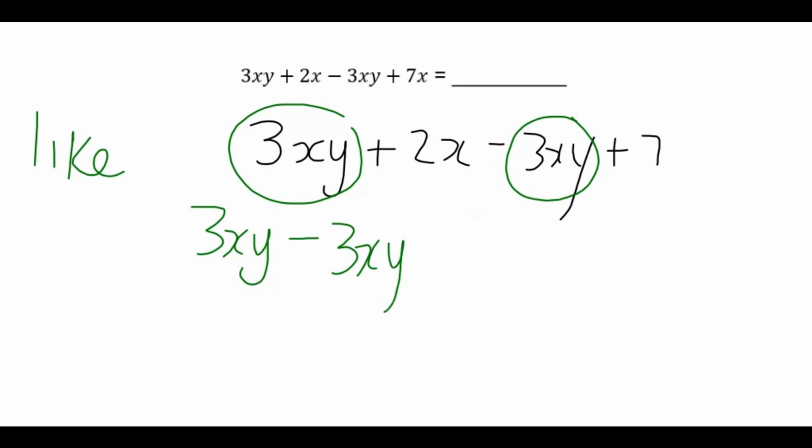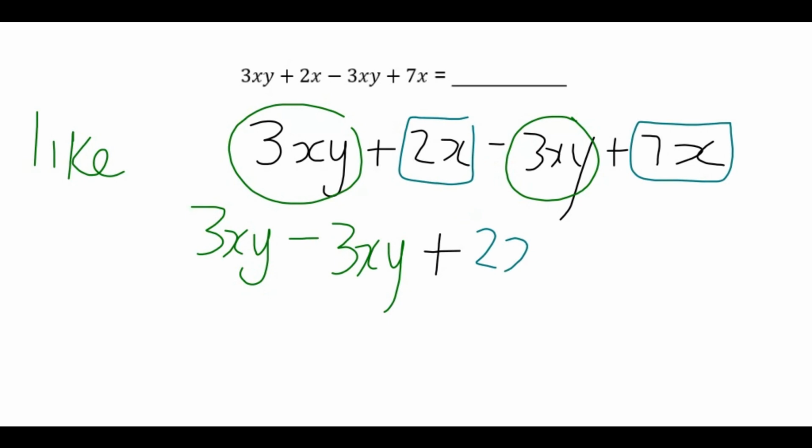Then 2x and 7x are like terms, so I put plus 2x and plus 7x.